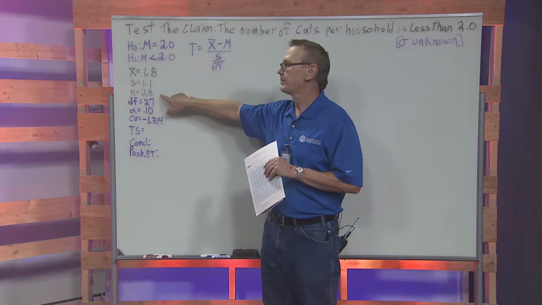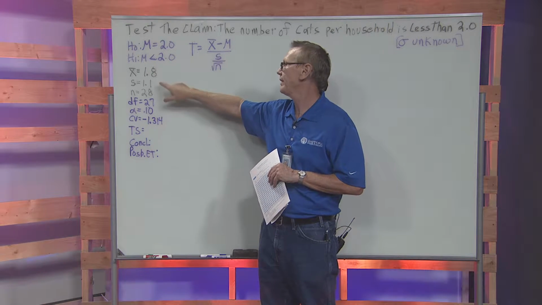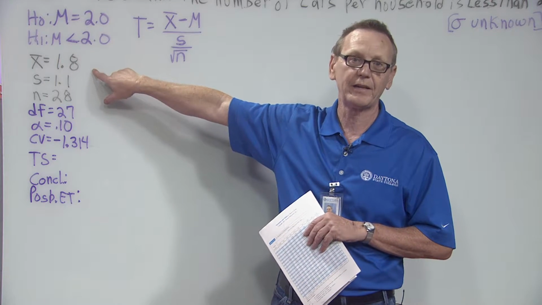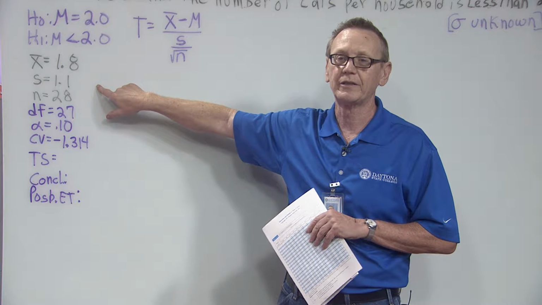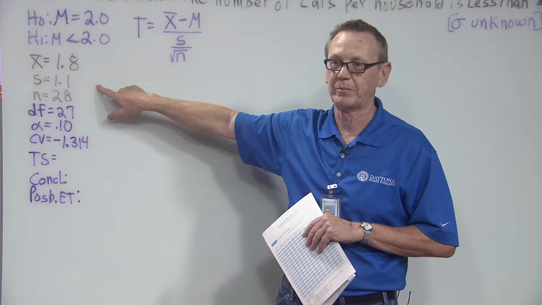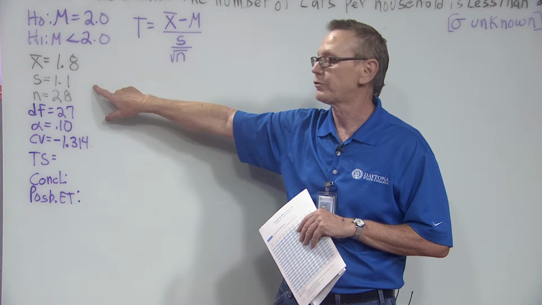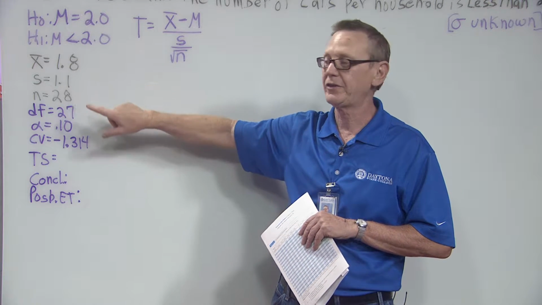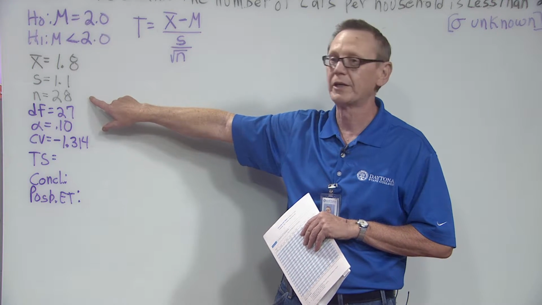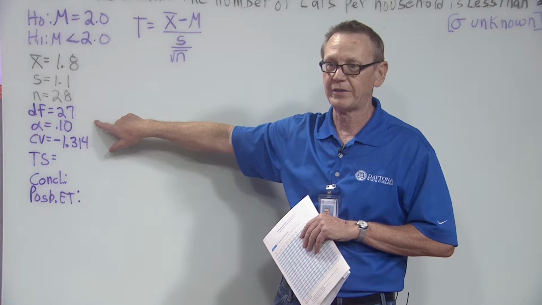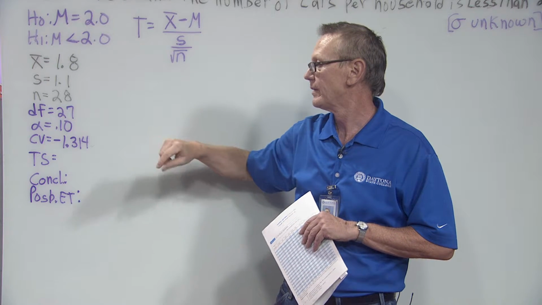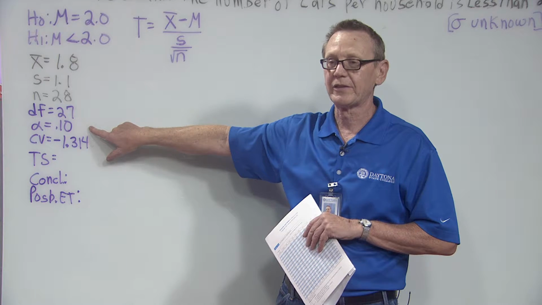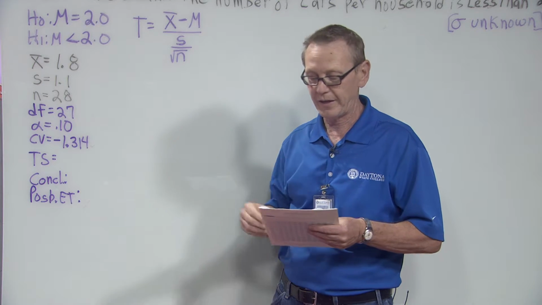The data from the 28 households surveyed revealed 1.8 cats per household with a sample standard deviation of 1.1. Because we have a sample standard deviation, again, we subtract 1 from n and find the degrees of freedom. The significance level is 0.10.